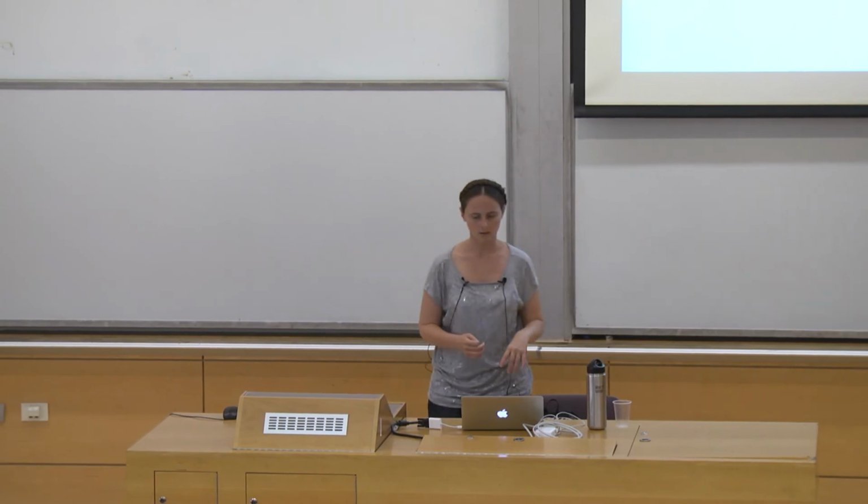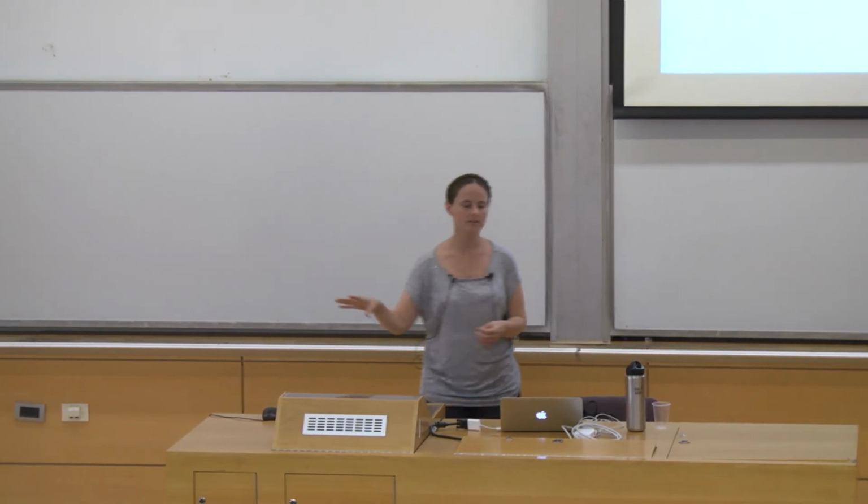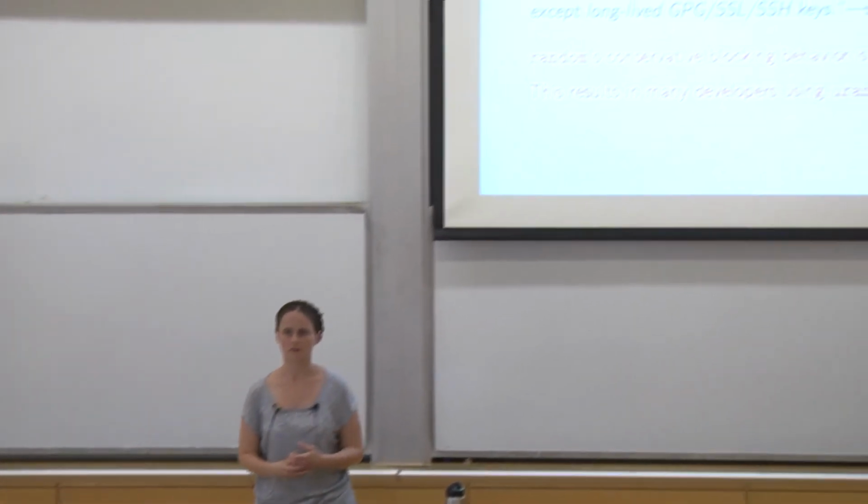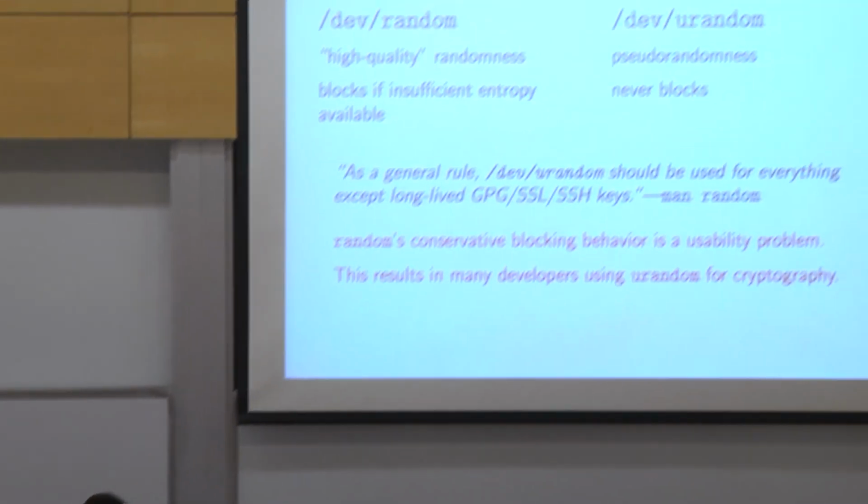So Linux provides, as most of you probably know, two random number generators available to users. There's dev-random, which is guaranteed to provide high quality randomness, and it will block if insufficient entropy is available. And because sometimes you don't want your entropy source to block, it also provides dev-urandom, which provides no guarantees on the quality of the output, but it is guaranteed to never block.